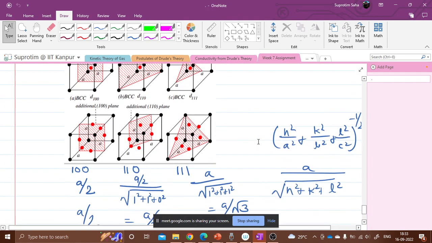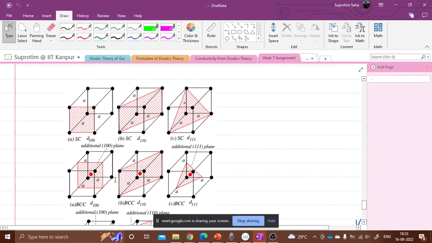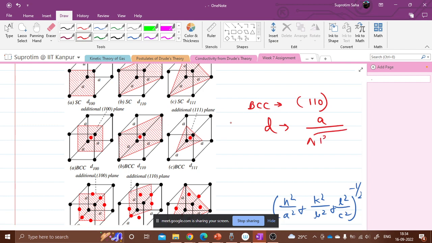For BCC, the crystal has to span the entire a and b axis, right? Not the c axis. So in that case, for BCC 110, d would be a by root of 1 square plus 1 square plus 0 square, that is a by root 2.